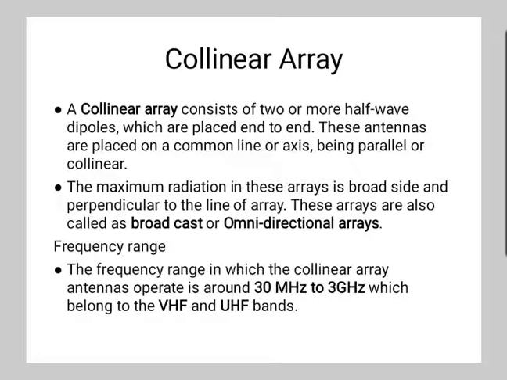So, these collinear arrays are unidirectional antennas having high gain, and the main purpose of this array is to increase the power radiated and to provide a highly directional beam by avoiding power loss in other directions. The collinear array is formed by normal dipoles. The half-wave dipole is commonly used.